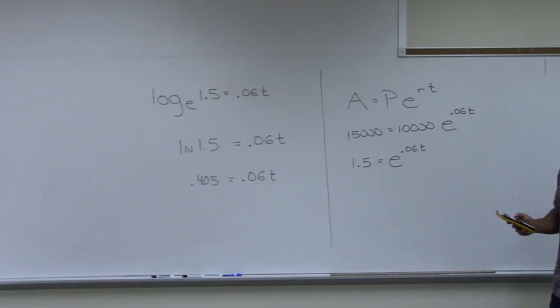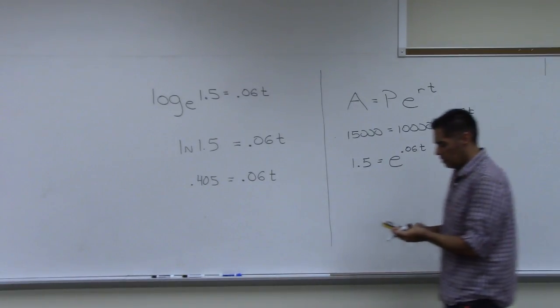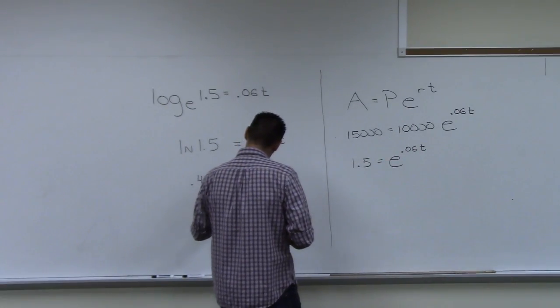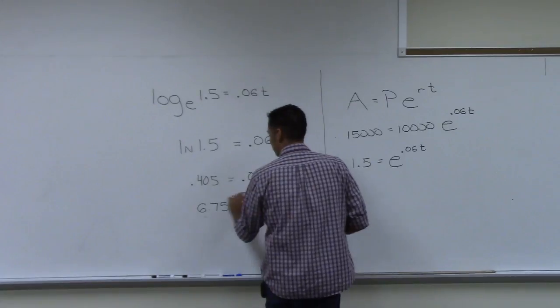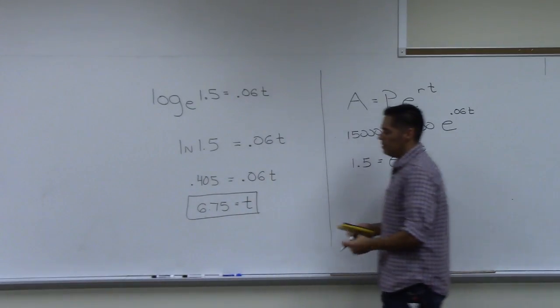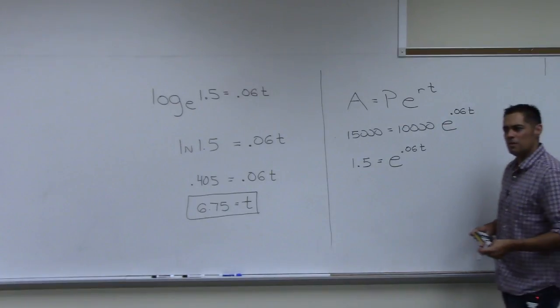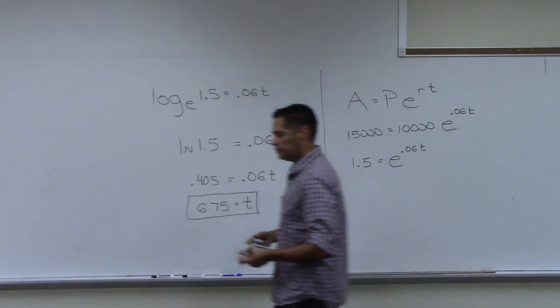And now divide both sides by 0.06. And you get 6.75. What was our answer previously? 6.77. Really, really close to the same answer, right?